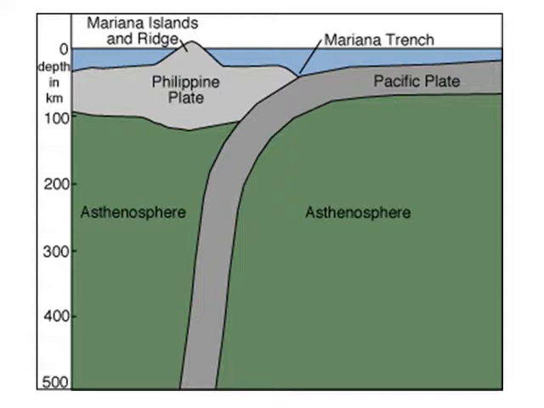And so all of that material that is being subducted under the Philippine plate is then melted in the asthenosphere, and that melted material rises back up underneath the Philippine plate, creating volcanic islands. So the Marianas Islands are those volcanic islands that are created.